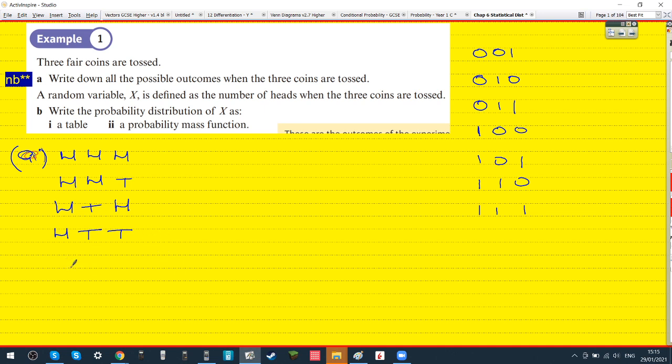So am I now doing tail, head, tail? Tail, head is even lower. Tail, head, tail. It's like hundreds, tens, units.